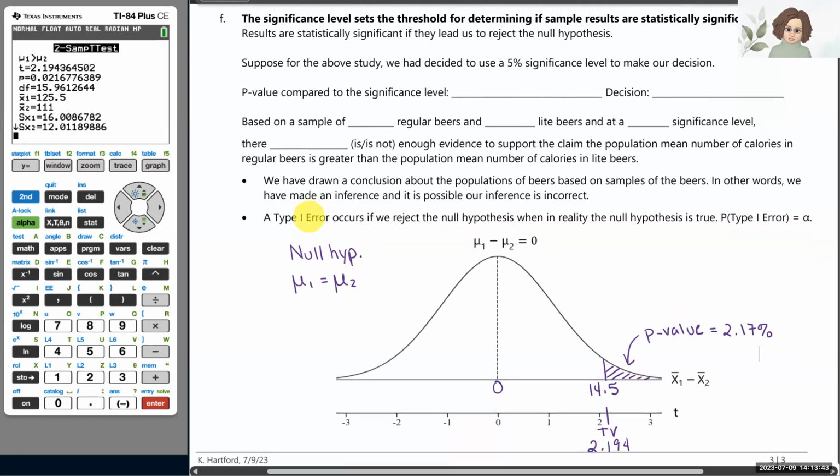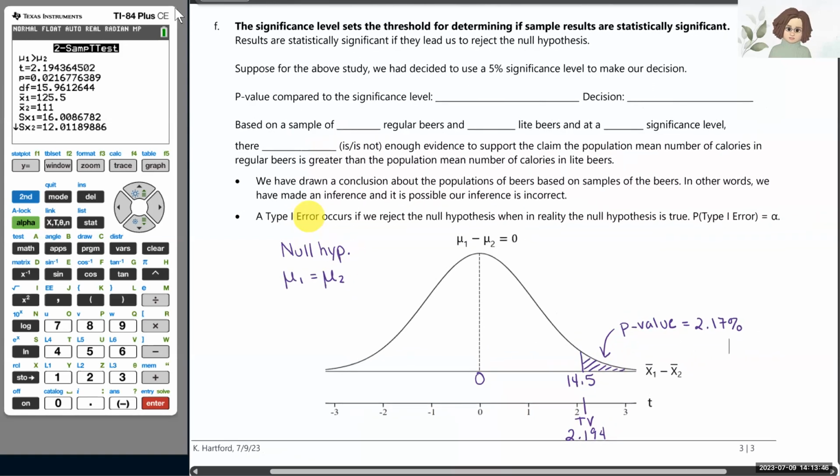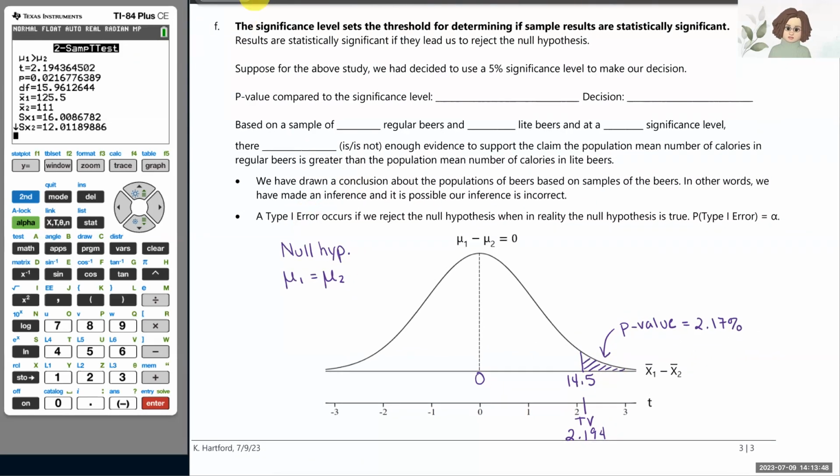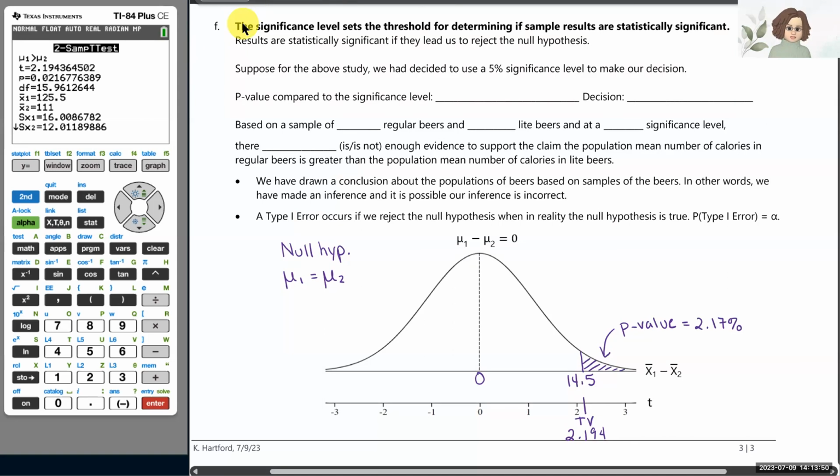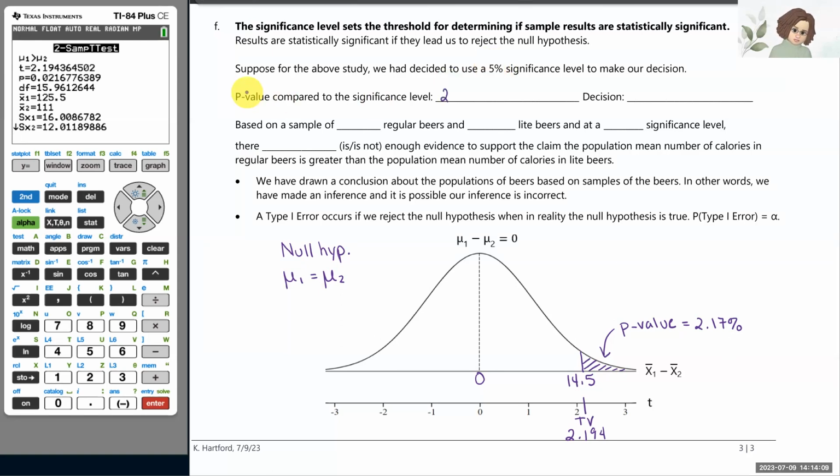Now let me take a look at my part F here. The significance level sets the threshold for determining if sample results are statistically significant. Results are statistically significant if they lead us to reject the null. What if for our study we had decided instead of using a 1% alpha, we went with 5%? What would change here? The p-value would still be 2.17%, but now we're comparing it to a threshold of 5% for alpha.